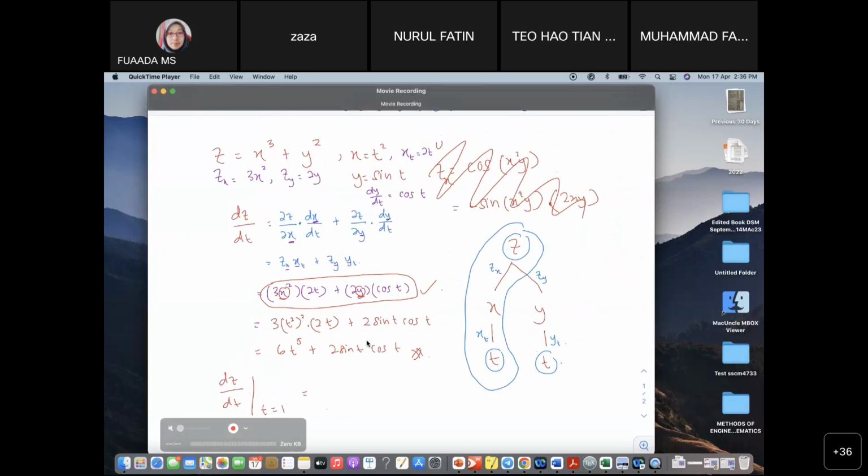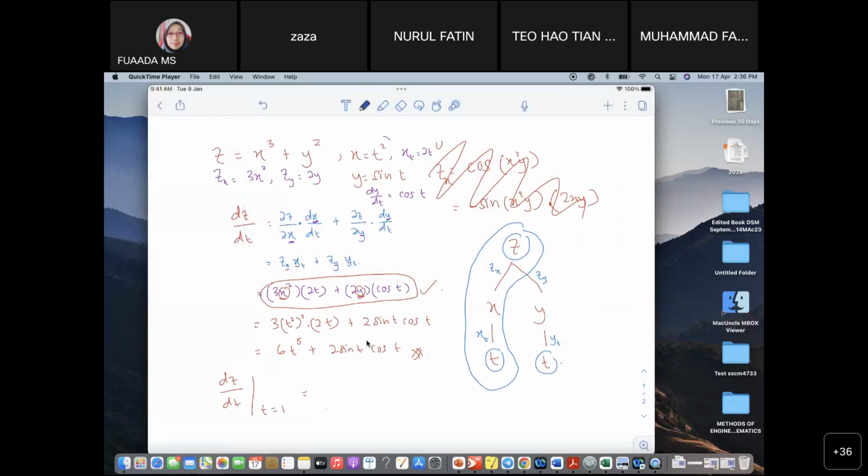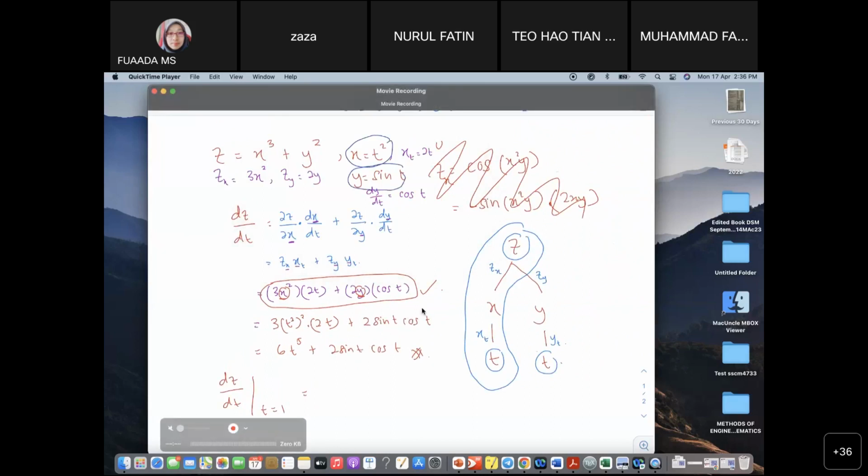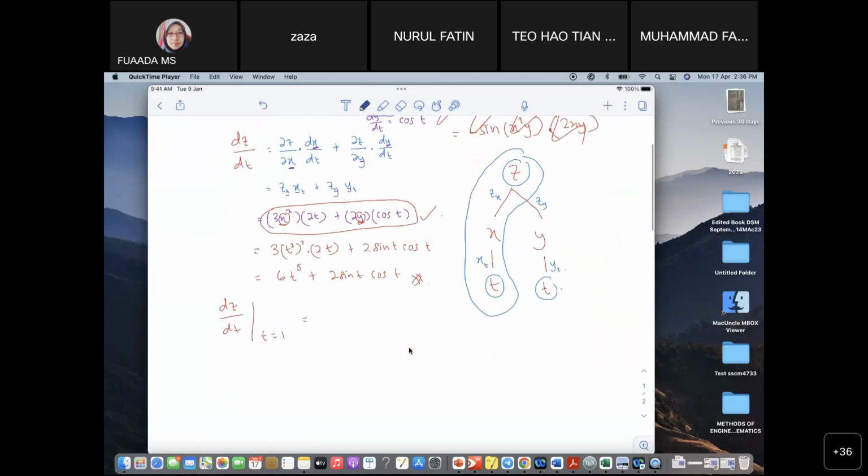Okay. Yep, that's correct. So you substitute the t equal to 1 here and the t equal to 1 here, and you will get the value of x and y. Okay? So yang tu just an example saja kalau dia minta you evaluate for a specific value of t.